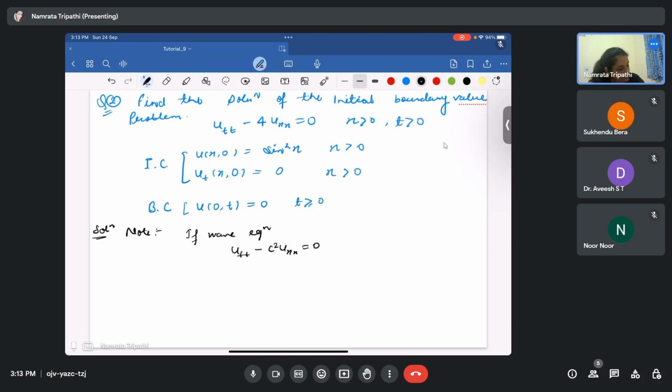This is a wave equation where x is greater than 0, or you can say x belongs to 0 to infinity, t greater than 0, with initial conditions and also a boundary condition.